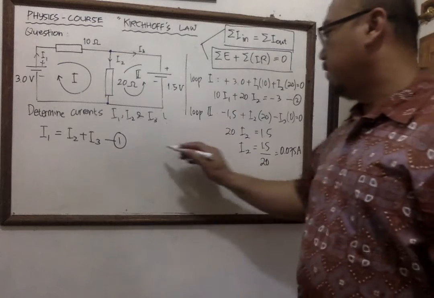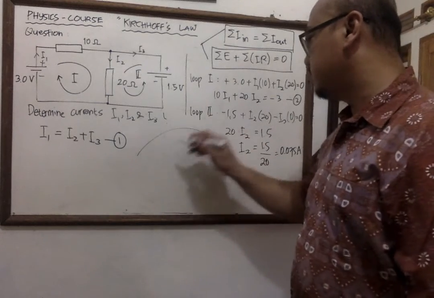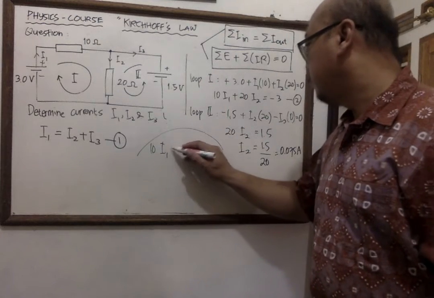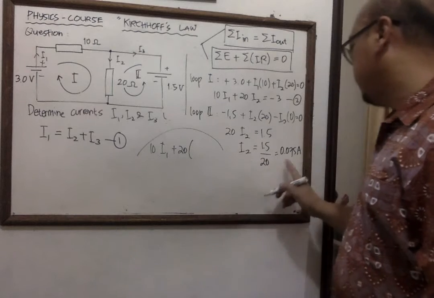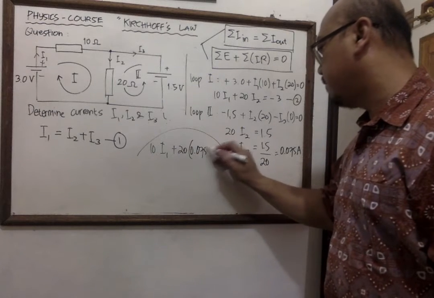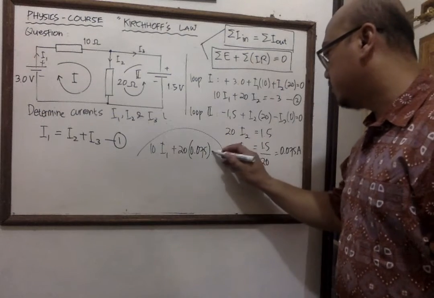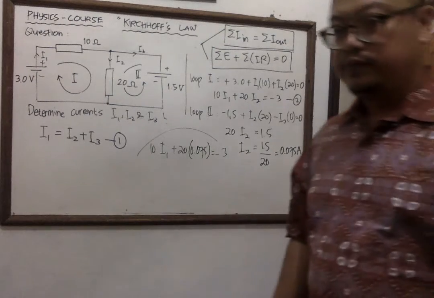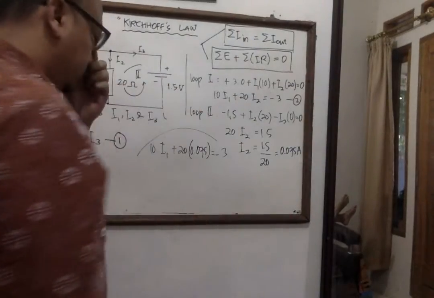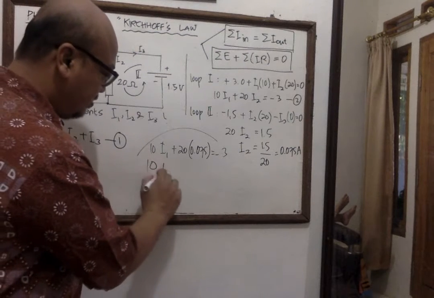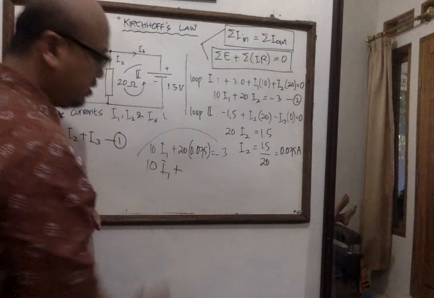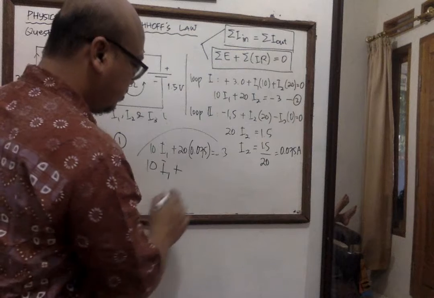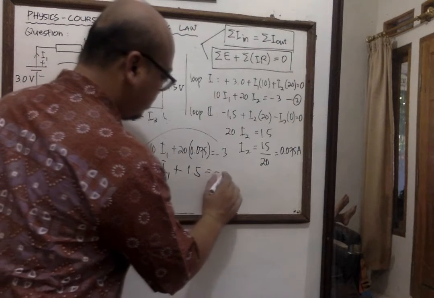Substituting, 10 I1 plus 20 times I2, which is 0.075, equals minus 3.